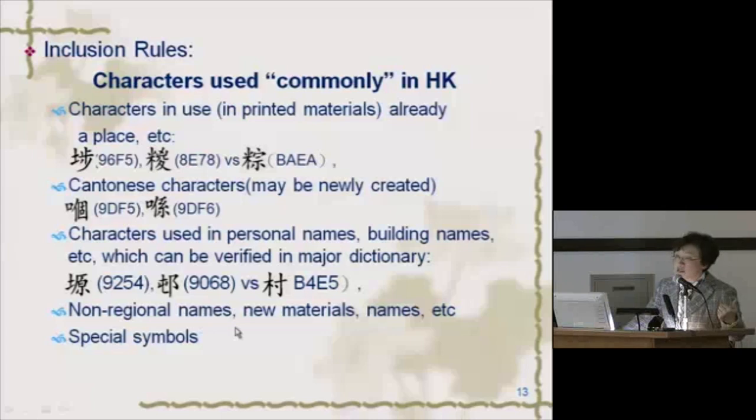Just to be on the safe side, there may be scientific discoveries of new material and things, and Chinese characters do get created. So we have these special symbols, but they have to justify that they are being used in Hong Kong. Common or not common is not counted by the number of people, but at least they are used in Hong Kong.